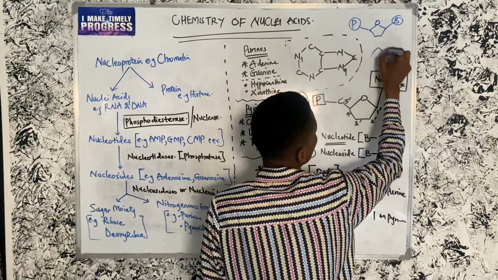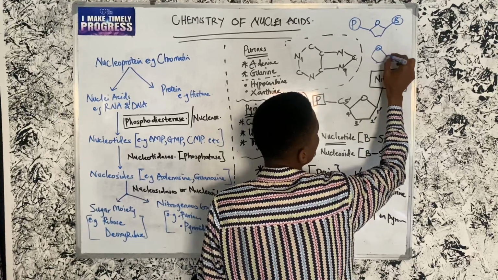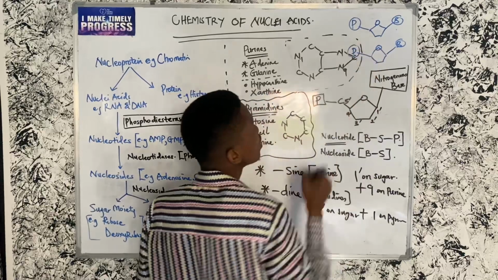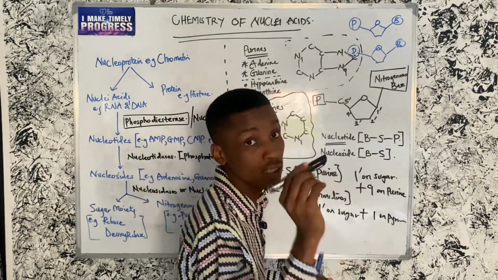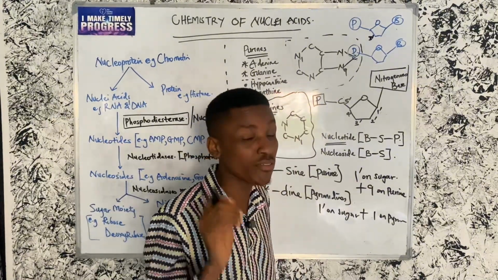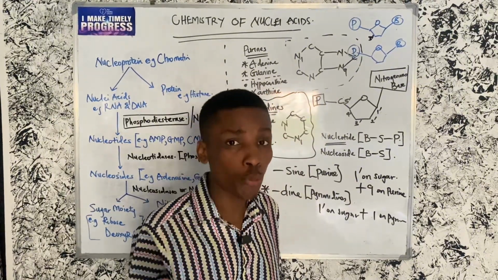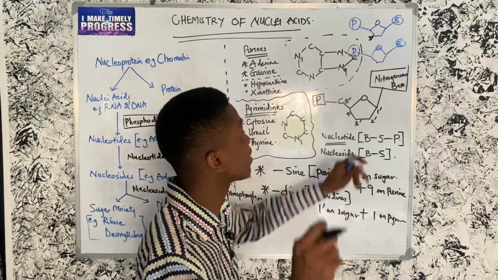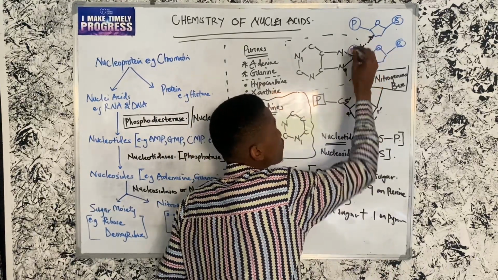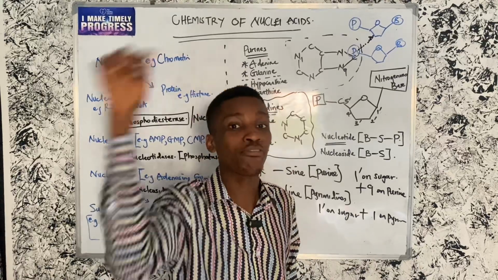I have another sugar that has a base and has a phosphate. So the bond is always between the OH, listen very carefully, the hydroxyl group on number 3', which was on the ribose, with the phosphate on number 5'.